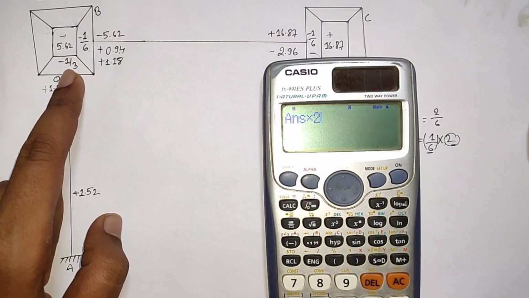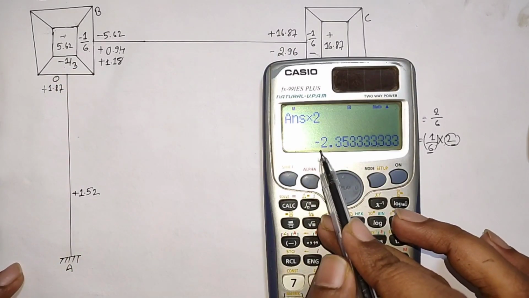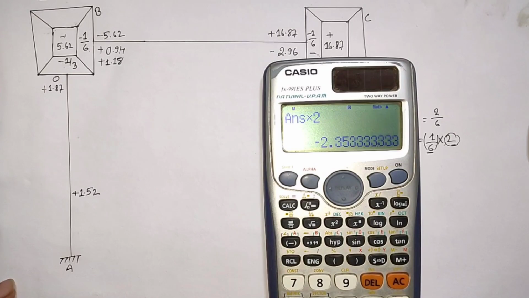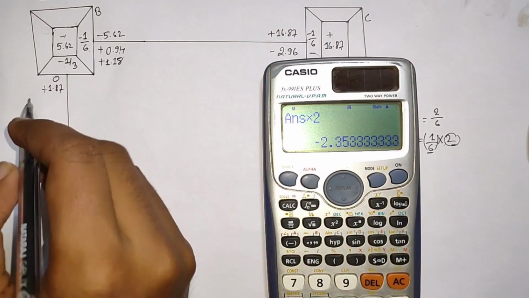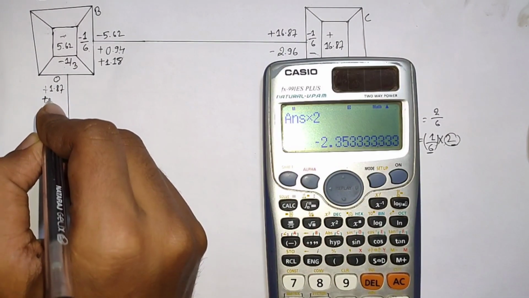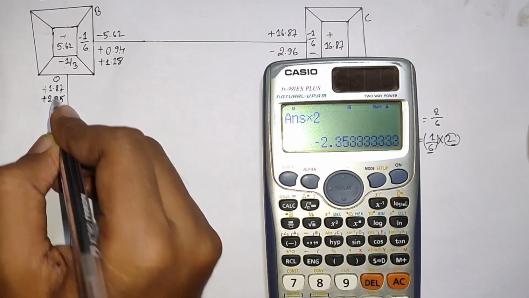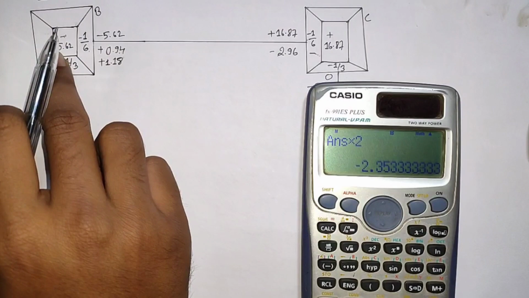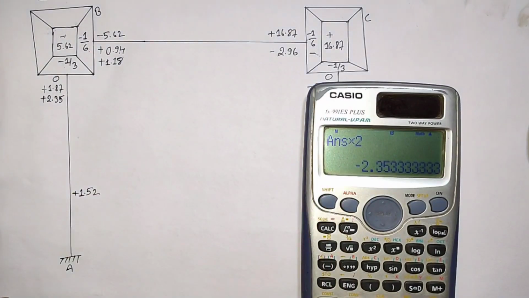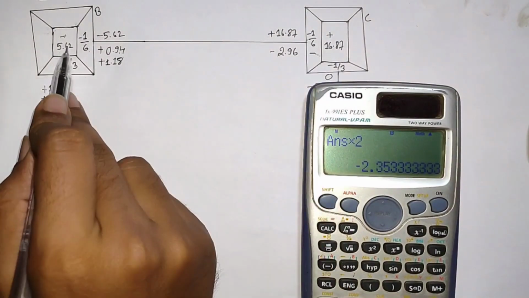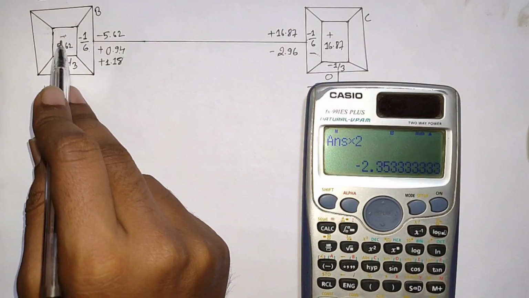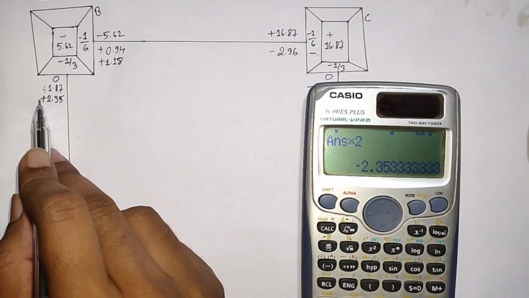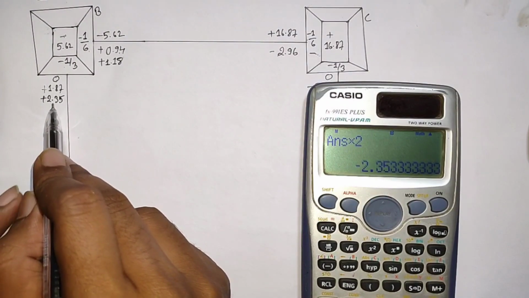So multiply this by 2, we get 2.35. Write it here, positive 2.35, because on adding these values we have a negative sign, and minus multiplied with minus gives a positive sign, and the value will be 2.35.